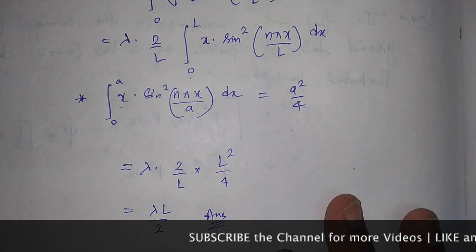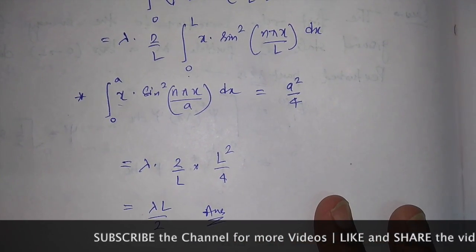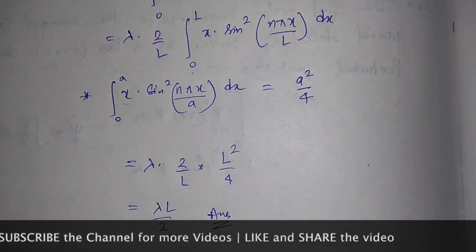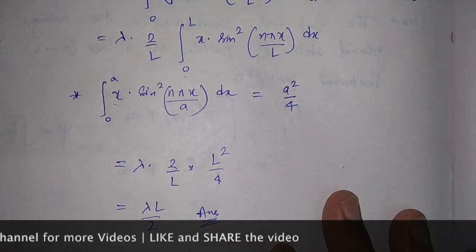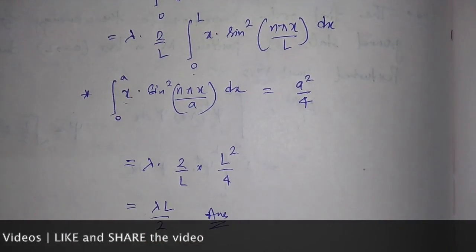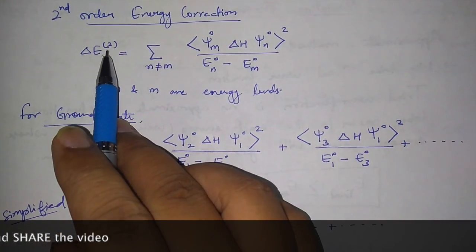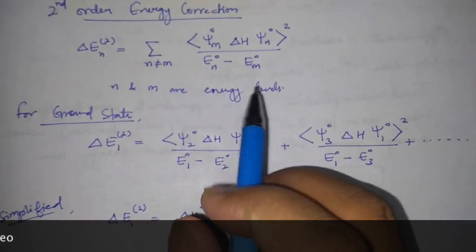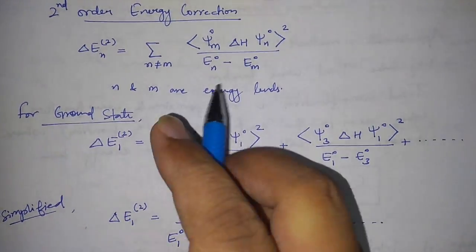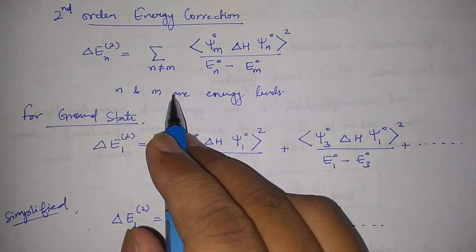So this will be the first order correction to the energy in the ground state of a particle in a one dimensional box. Okay, now let's try to understand the second order energy correction. This second order energy correction is much easier as compared to the first order energy correction.